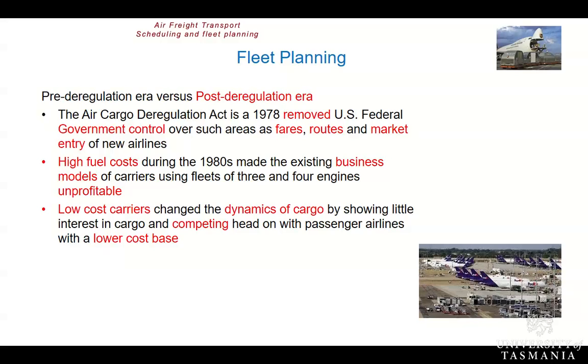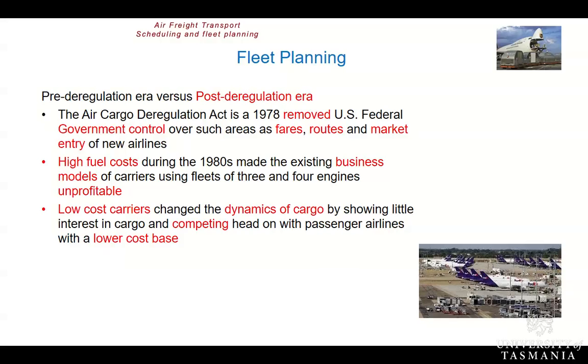But what the low-cost carrier did, they weren't interested in cargo at all. They didn't put any emphasis on cargo because that's where the money really didn't reside in regards to an airline. The money resided in passenger aircraft and passenger throughput. And there was a big increase in volume of passengers over this particular period of time.